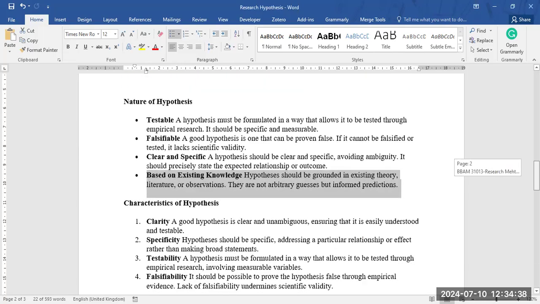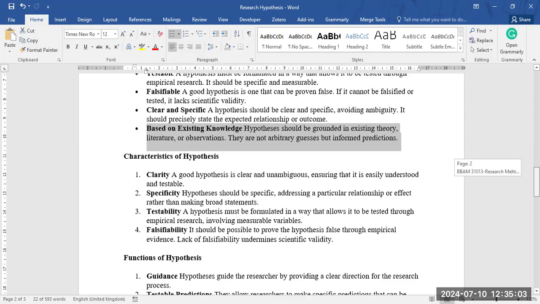That means there's a concept from previous research that personalized recommendation boosts sales, and a particular company can formulate a hypothesis based on the previous knowledge created by researchers.